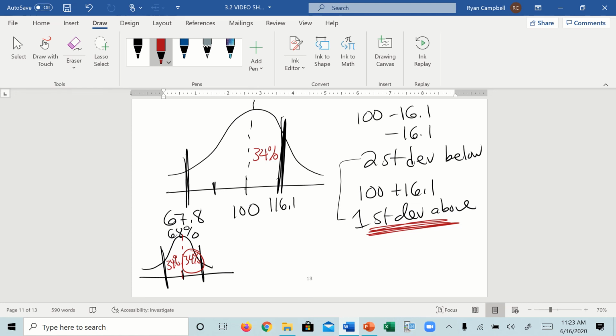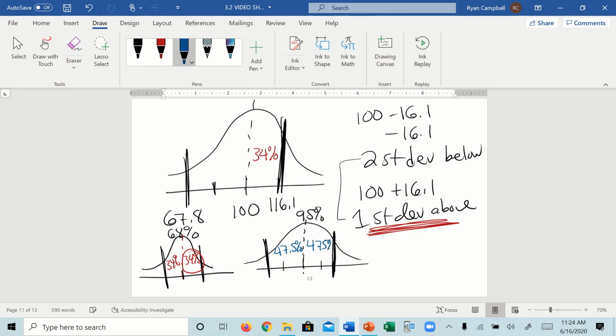Now we got 2 standard deviations below. So we know that if we are 2 standard deviations above and below, that's 95%, right? That's what the empirical rule says. But we only want half of that. So if you cut that in half, you see that you split it up in 47.5 and 47.5.